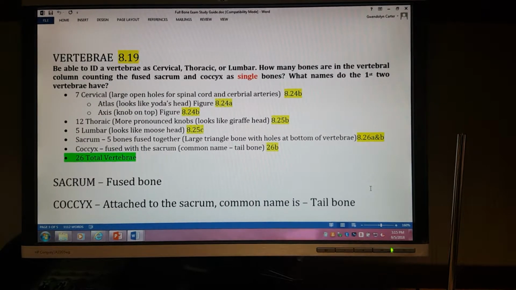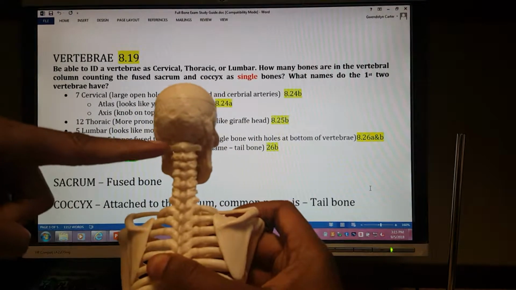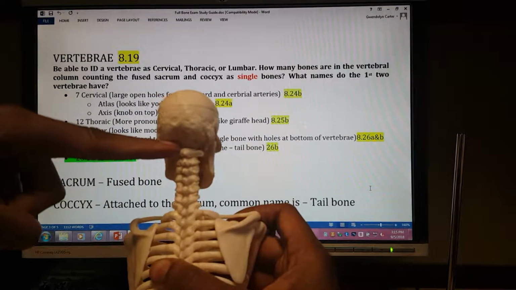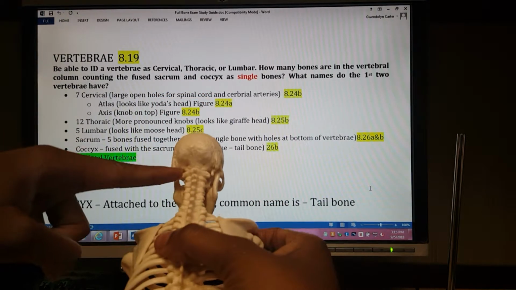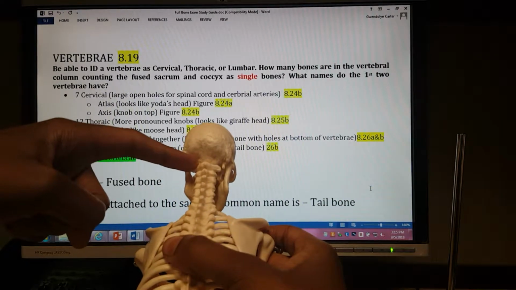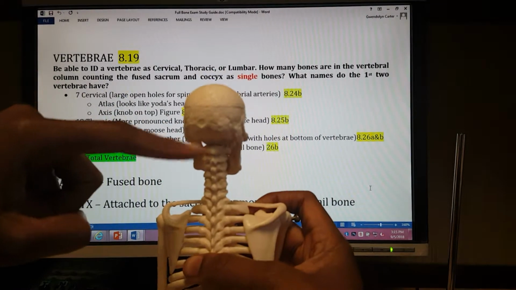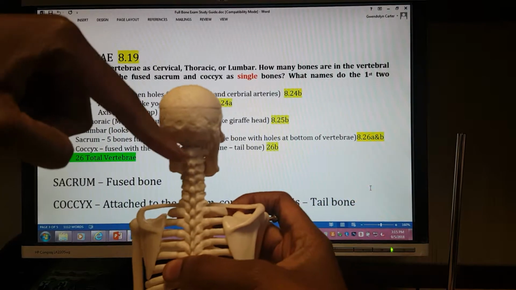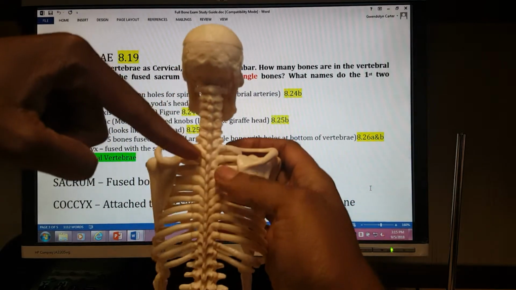So the first one up here is the cervical vertebrae. There are 7 of them. With your cervical vertebrae, your spinal cord exits out of the foramen magnum at the base of the skull on the occipital bone and passes through the middle of your vertebrae.